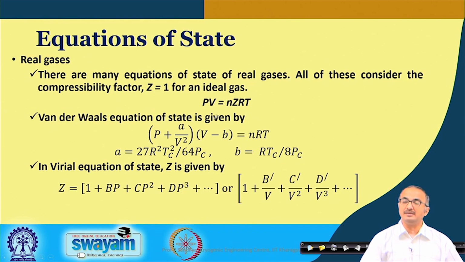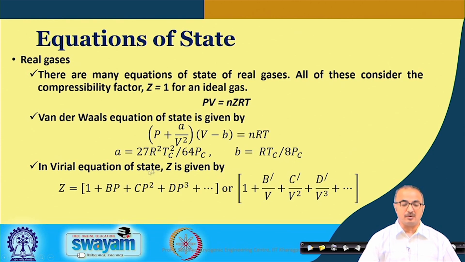Another thing you have perhaps encountered is the van der Waals equation of state, the first equation of state for real or non-ideal gases. It takes this particular form, and you see that there are some pressure corrections and some volume corrections for the interactions between the molecules, and these a and b are given in terms of the critical temperature and pressure.